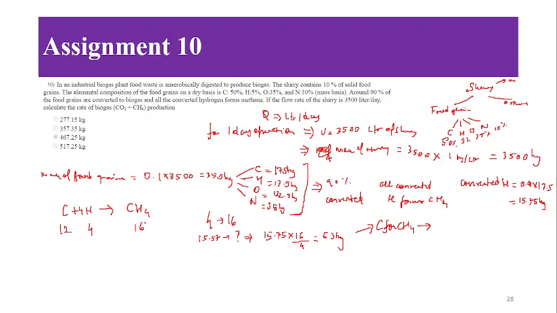If 16 units of mass of methane are produced using 12 units of mass of carbon, how much carbon will be used for producing 63 kg of methane? So we use this relation as 63 into 16 by 12.